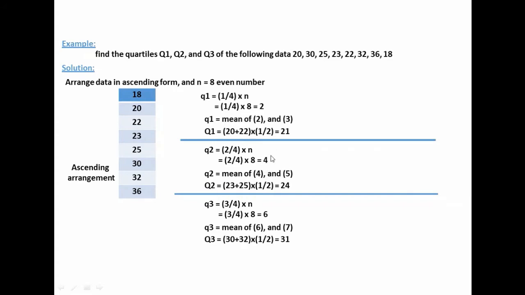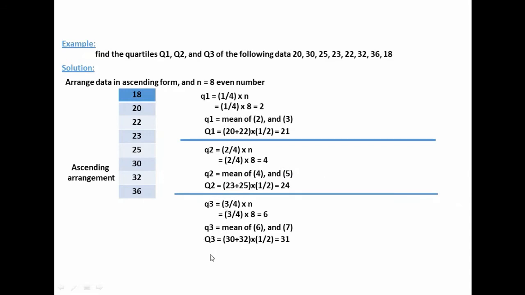This 4 means the value of Q2 is the mean of the fourth and fifth terms. The fourth term is 23 and the fifth term is 25. So 23 plus 25 divided by 2 is 24. So the Q2 value is 24.